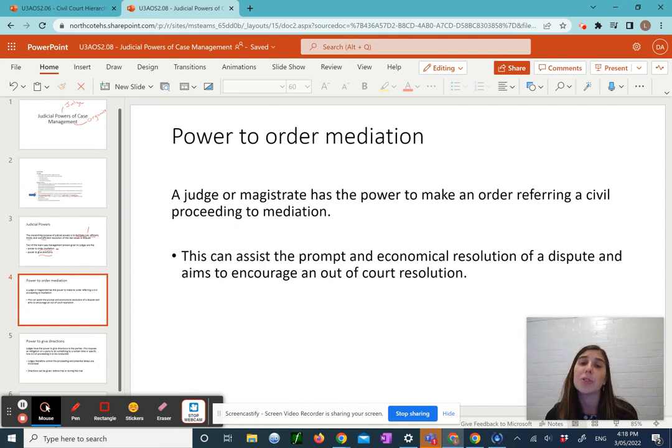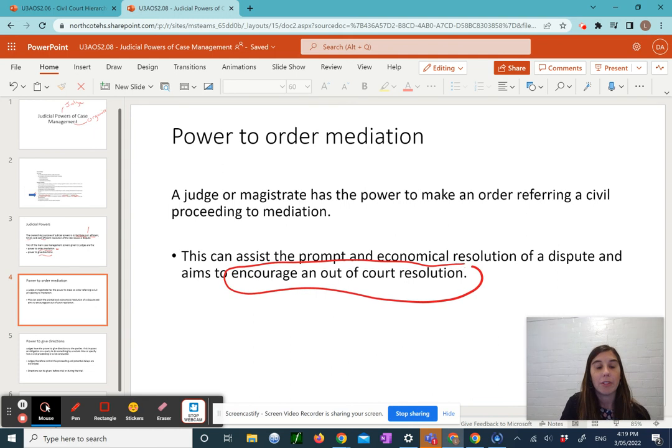So normally at a directions hearing, for example, and we've talked about pretrial proceedings before, normally a judge will actually order a party to attend mediation first. Okay, again, that's that idea of a prompt resolution and an economical resolution. And really, with civil law, we're always trying to encourage an out of court resolution. So that's the first power.